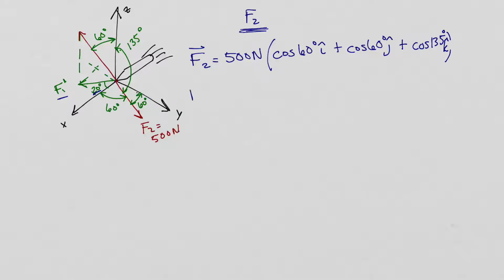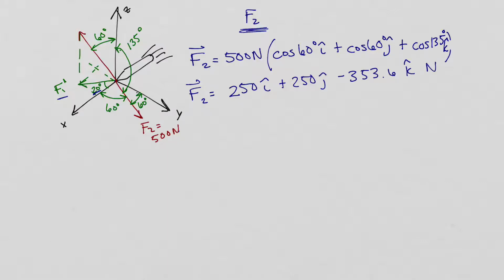So F2 ends up equaling 250I plus 250J minus 353.6K, and that's all newtons.